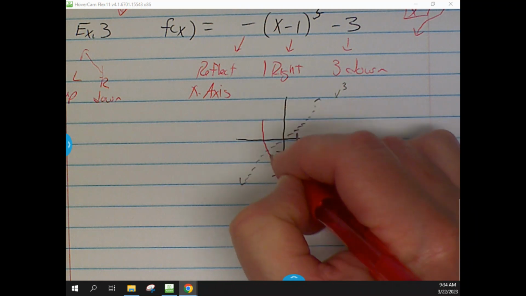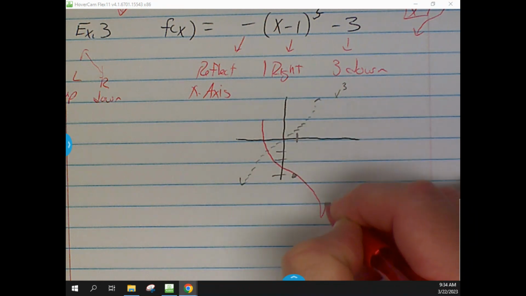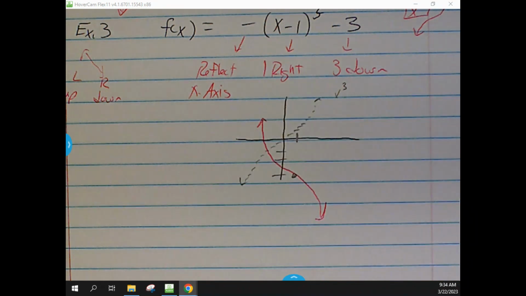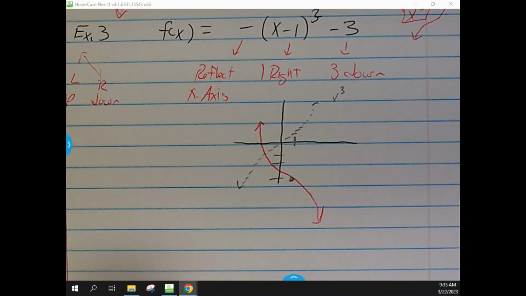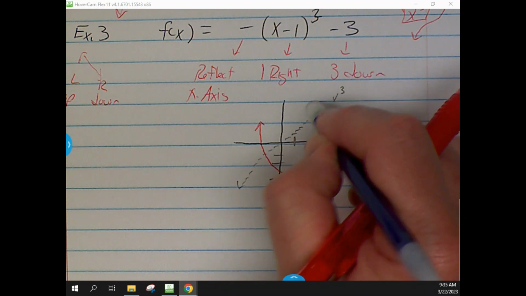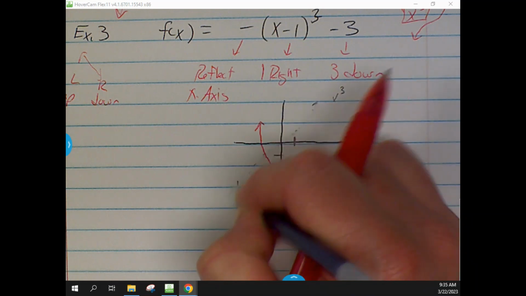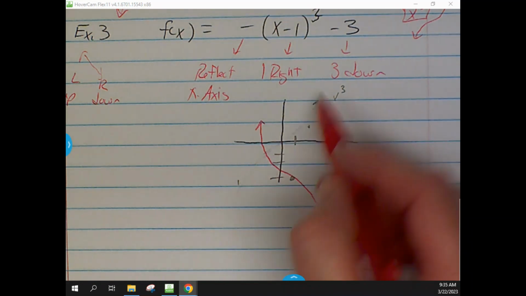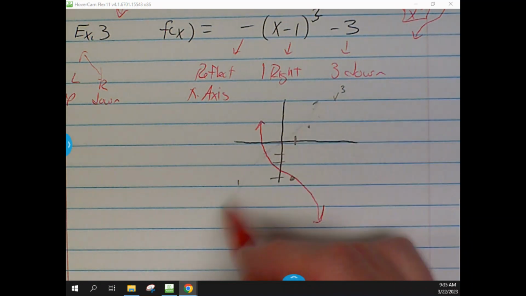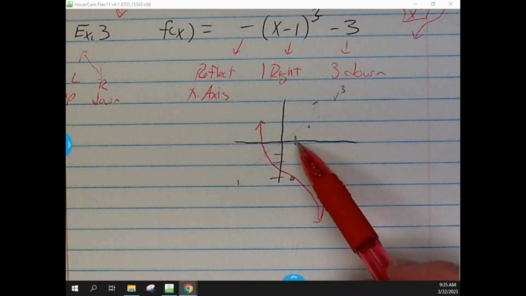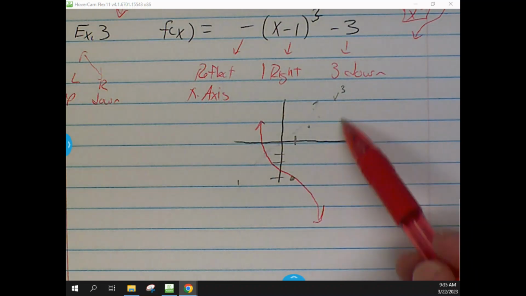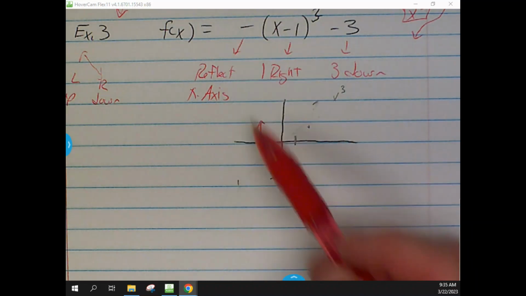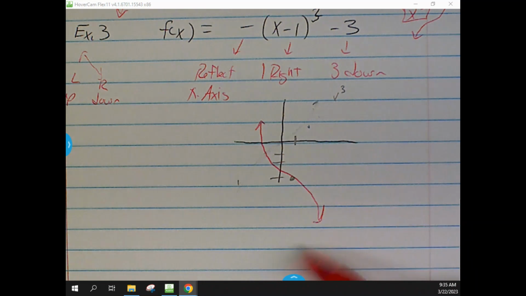Now it's going to look something kind of like that. And again, just kind of leaving that lightly there, just to say that's if we started with x to the third, it would look like that. But again, we're going to move it one space to the right, three spaces down. Instead of going this way, the negative means we got to flip it. So now it's going to go this way.